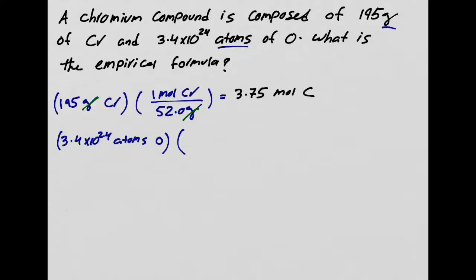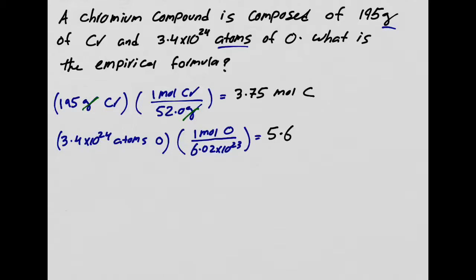Now, how do I convert atoms to moles? Avogadro's number. You know that. 1 mole is 6.02 times 10 to the 23rd. You need to convert it to moles.